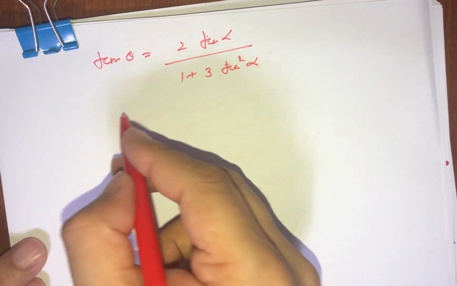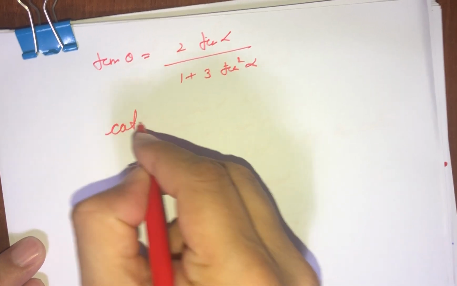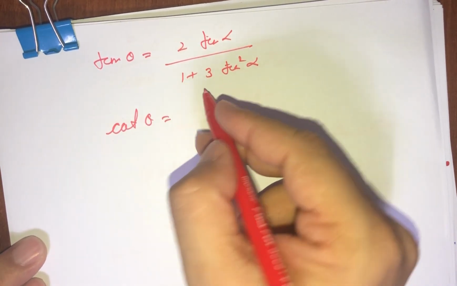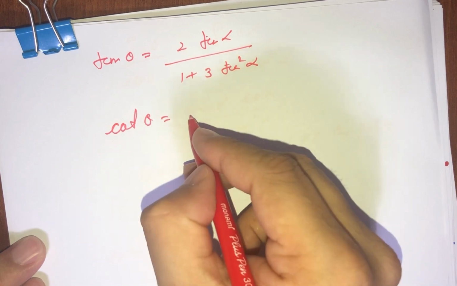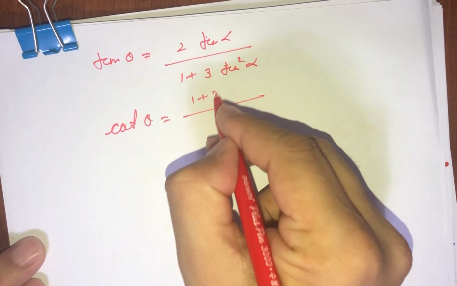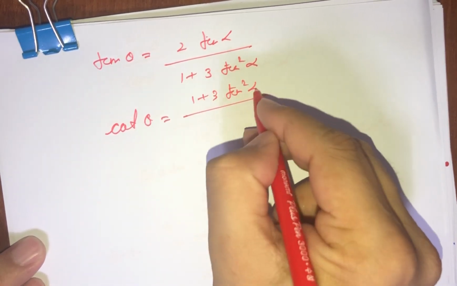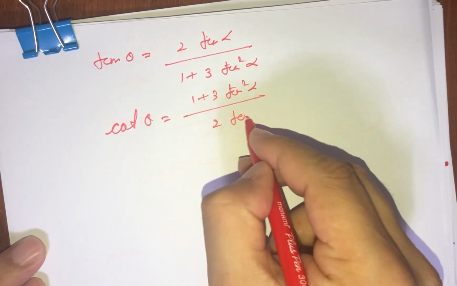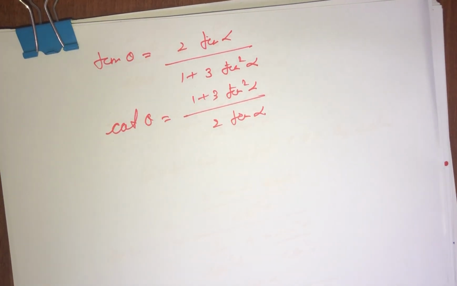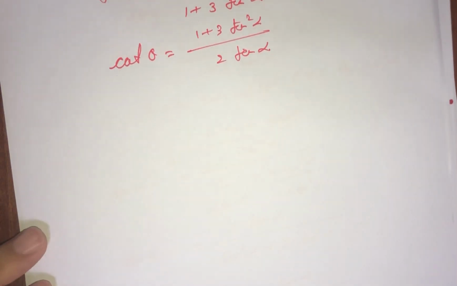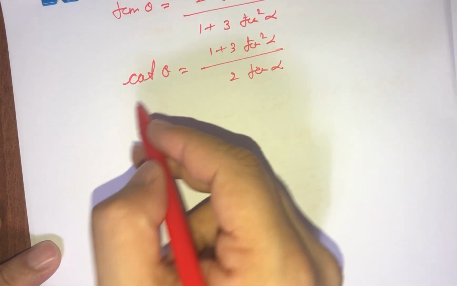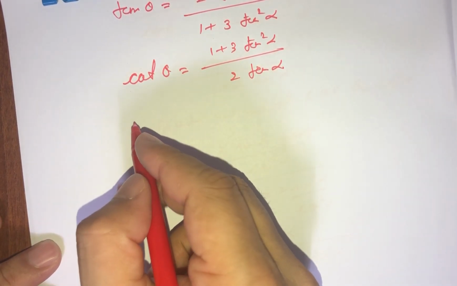From here we find out cot of theta. Cotangent of theta is equal to 1 plus 3 tan square alpha divided by 2 tan alpha. From here we find out cosecant square theta.